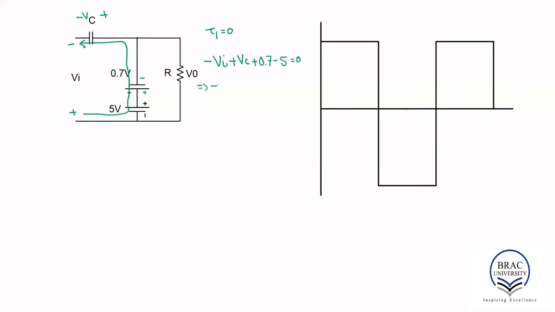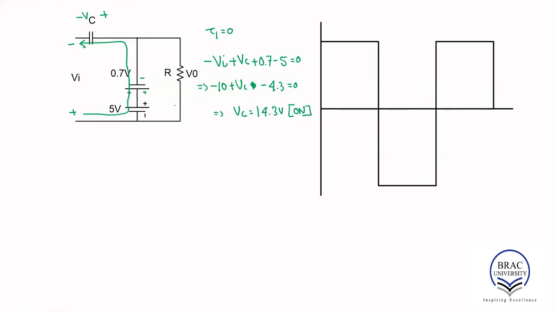So Vi is equal to minus 10, plus Vc minus 4.3 equals 0. That gives us Vc equals 14.3 volt. So this is the voltage across the capacitor when the diode is on.